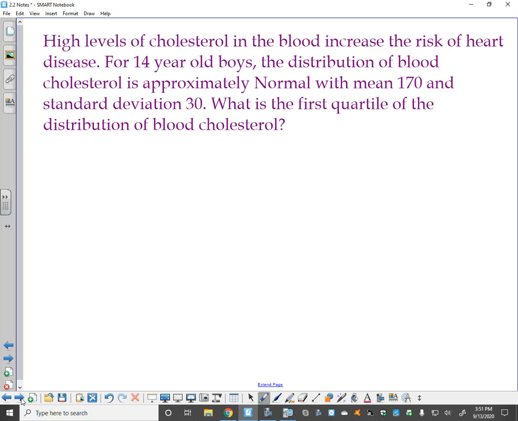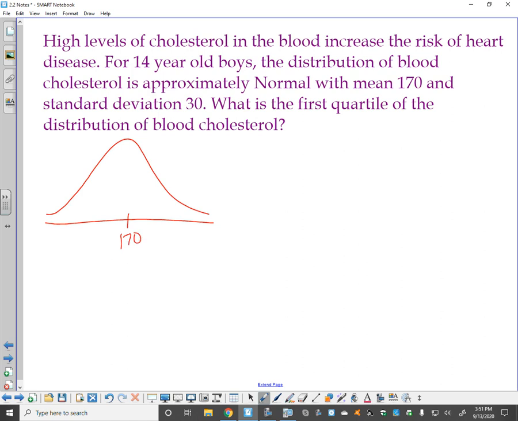High levels of cholesterol in the blood increase the risk of heart disease. For 14-year-old boys, the distribution of blood cholesterol is approximately normal, with a mean of 170 and a standard deviation of 30. What is the first quartile of the distribution of blood cholesterol? Mean of 170.